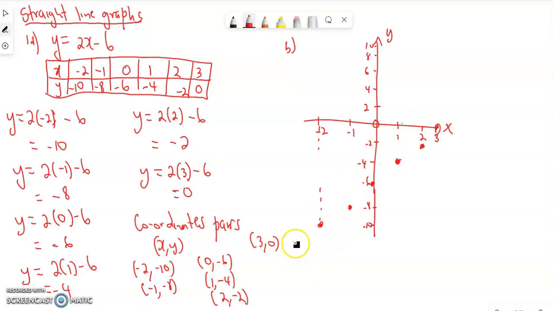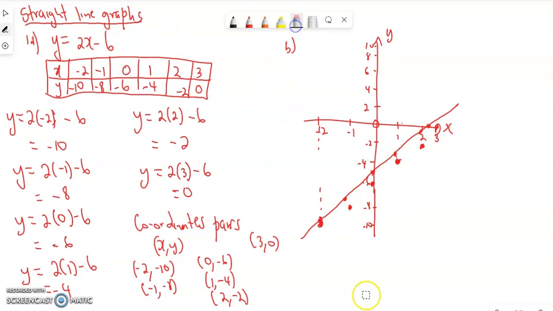So once you are done, you are going to join these points to form a straight line graph. Right? So your points must follow a straight line graph.